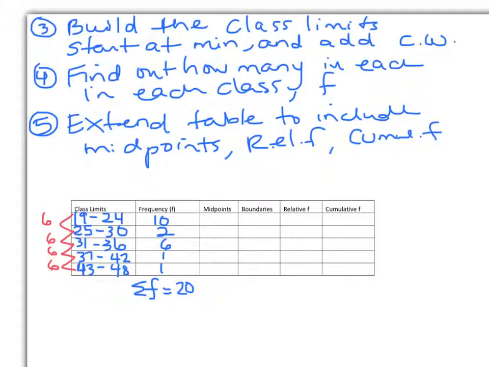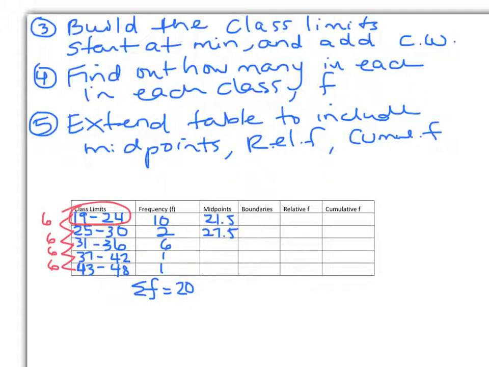So midpoints are exactly what you would think. They're just the midpoint of the class limits. So if I took an average of 19 and 24, on that first class right here, and average those, figure out the midpoint of it, that's what this is. So that midpoint is 21.5. If I do it for the next one, I get 27.5. And you notice those midpoints are 6 apart, and that's supposed to happen.